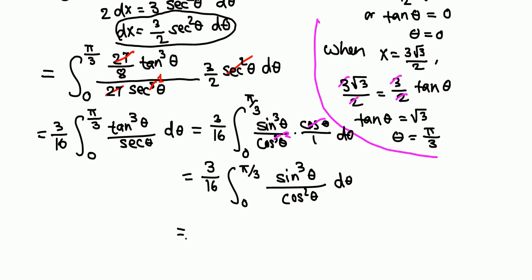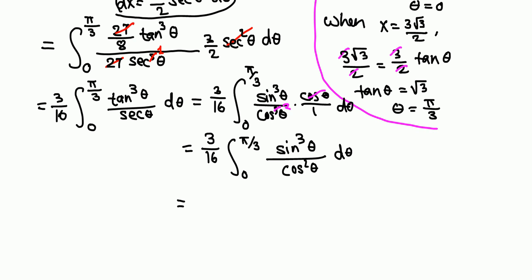Whenever we have an odd power, we want to save a copy from there. It's sine cubed, so we save a copy of sine and convert the rest in terms of cosine. Then we make u equals cosine, and the derivative of u is sine, so the leftover sine goes in terms of du.